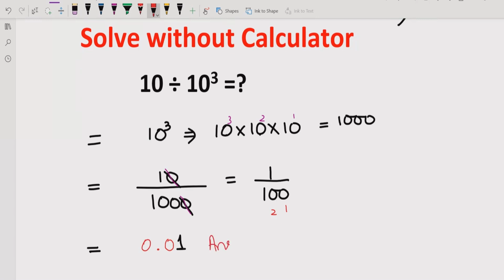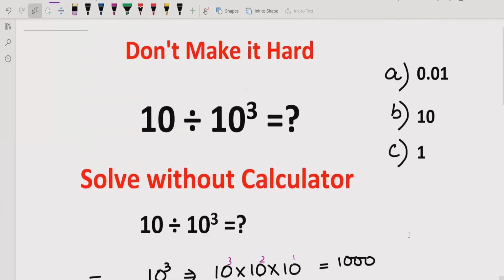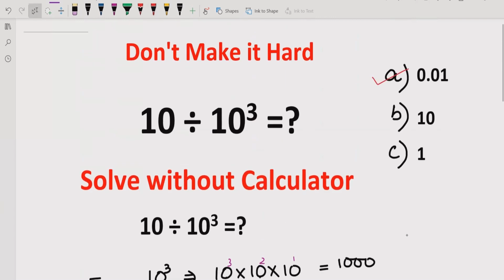This is the answer of this question, which is very easy. You do not require the calculator. So the correct answer is 0.01.